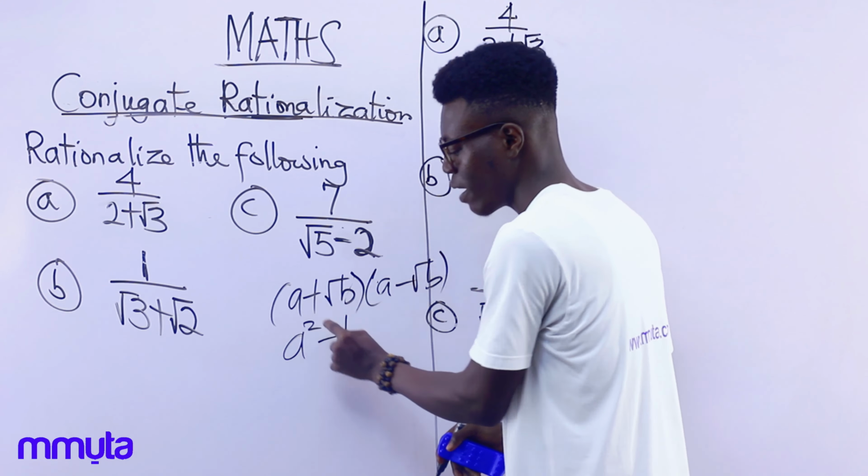Okay, so in continuation, you can rewrite this to be 14 plus 7 root 5, all over 5 minus 4, which is going to give us 1. Wow, coincidentally, we have over 1. You can equally leave it like that.